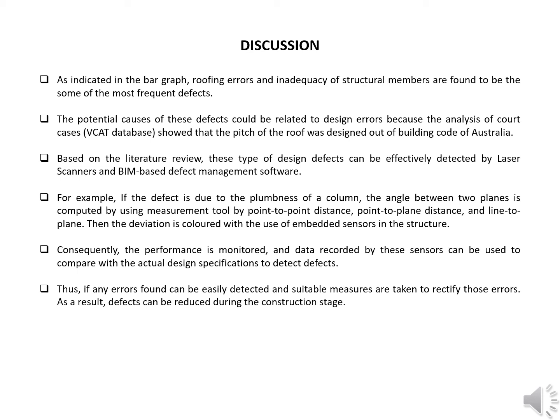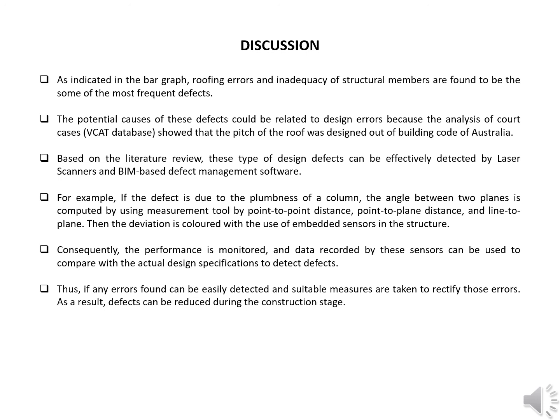Similarly, if we take internal water leakages or ceiling leakages, it is the main defect, which is also observed in most of the case studies. These defects could be due to inadequate application of waterproofing, poor roof drainage, and use of low quality materials. Hence, the cause can be broadly categorized under construction faults.